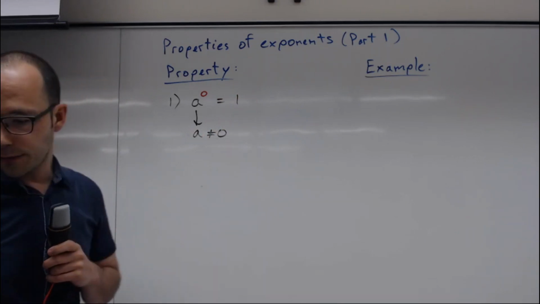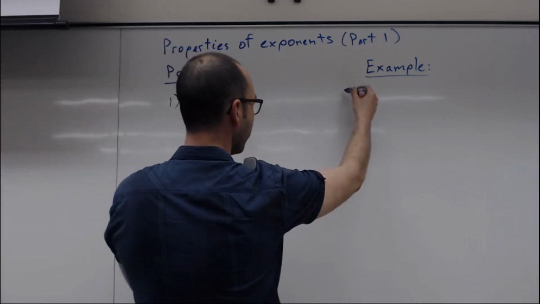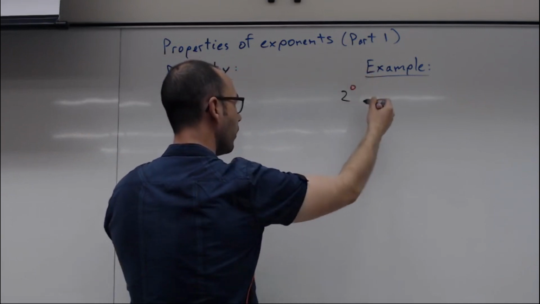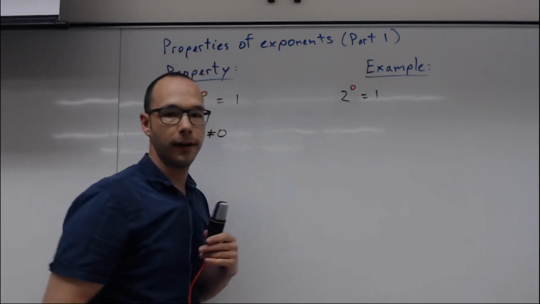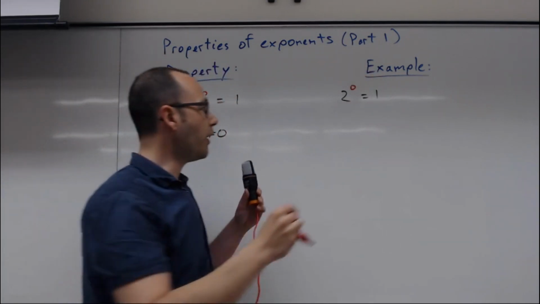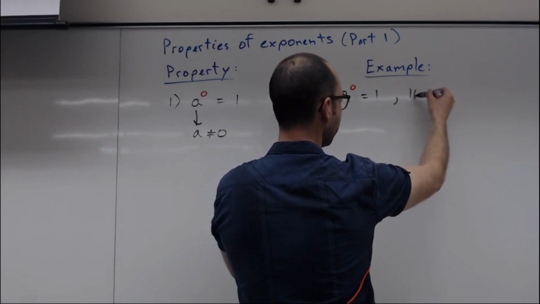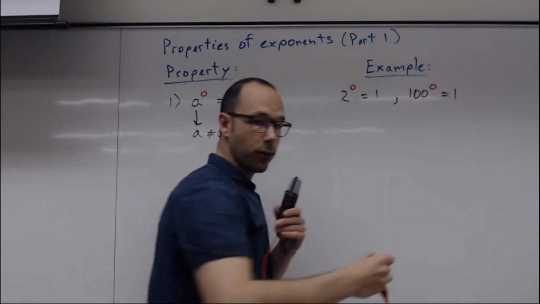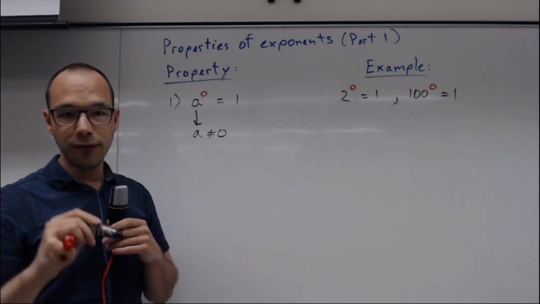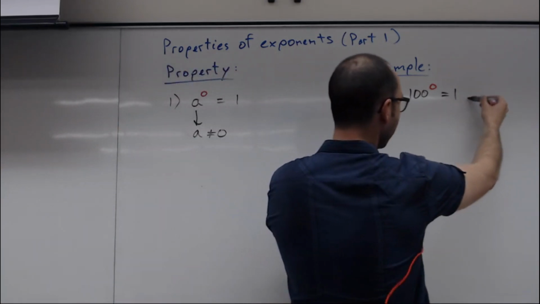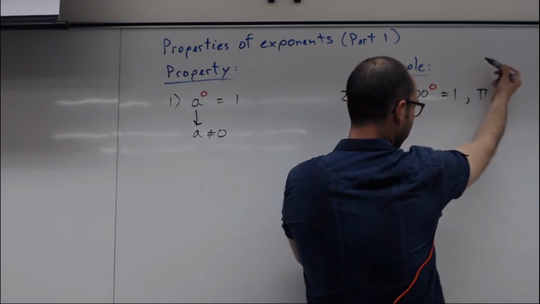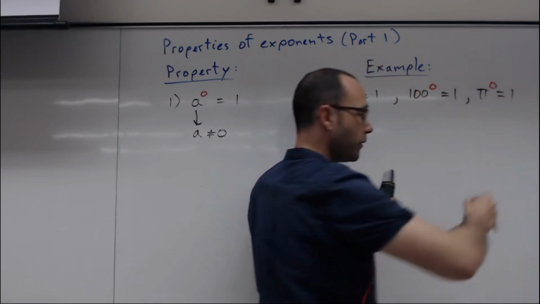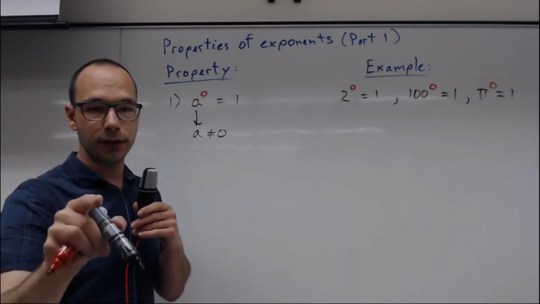So here's a few examples. If you have 2 to the power of 0, of course, it's going to be equal to 1. If you have 100 to the power of 0, it's also going to be equal to 1. If you have even pi to the power of 0, it's also going to be equal to 1. But there's a special case.